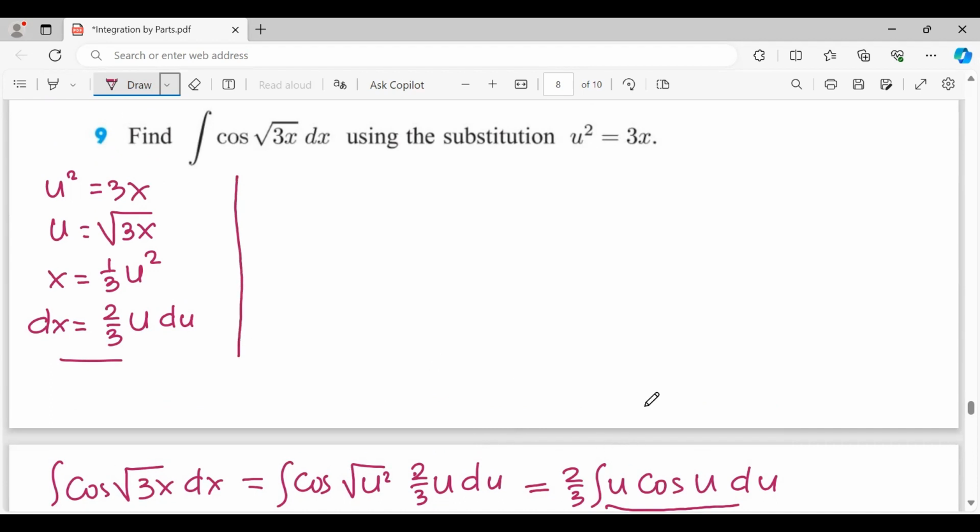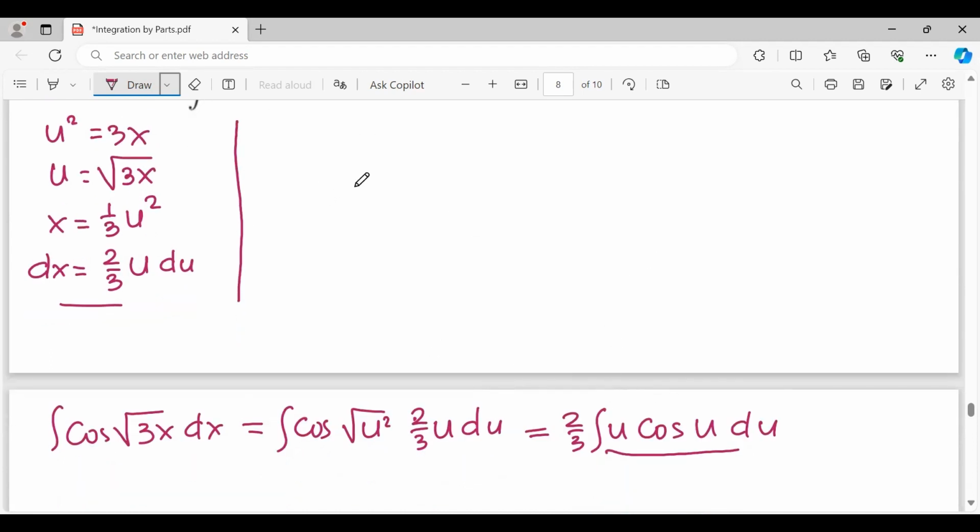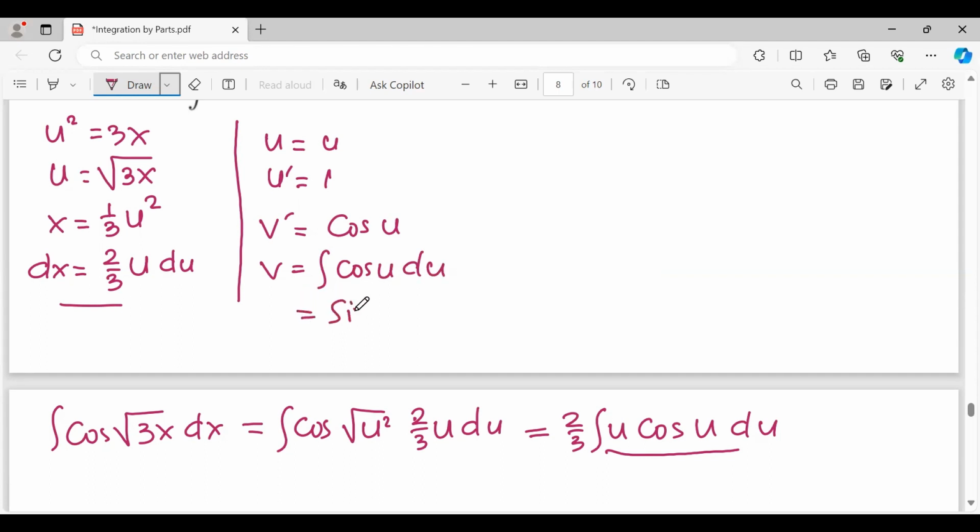From this integral, u equals u, so derivative u equals 1, derivative v is cosine u, which means v is the integral of cosine u du, which is sine u plus c.